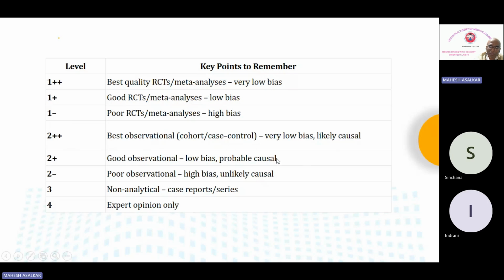Here probable or moderate possibility of causal, but the bias is low. Same case control cohort. Here it is poor observational, meaning case control and cohort, high bias and unlikely causal. Okay, 3 and 4 we remember easily. These are non-analytical case reports and case series, and this is expert opinion. So that is how you should remember these particular studies.